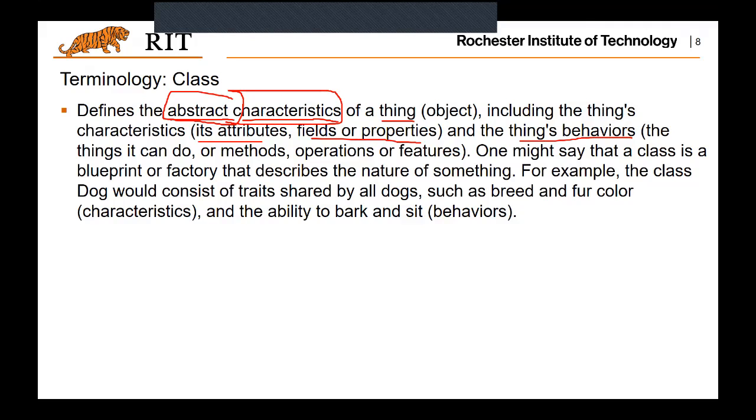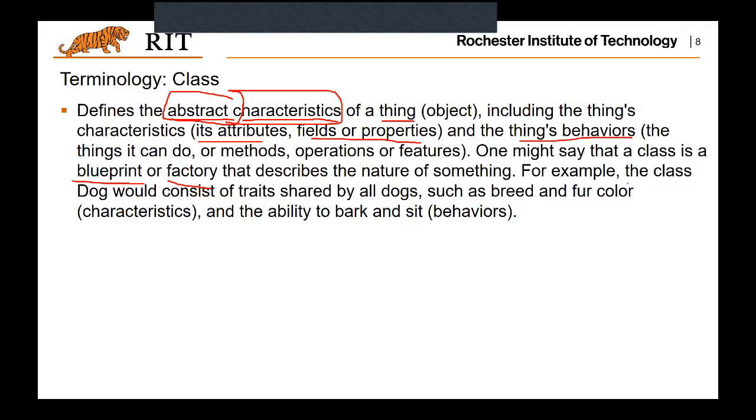Basically, that represents both the data and also the code or methods that represent the object. Someone also says a class is like a blueprint or factory that describes the nature of something.